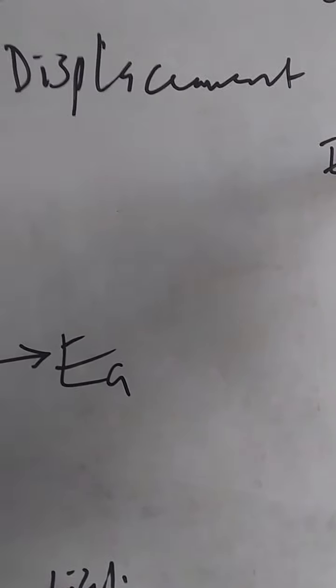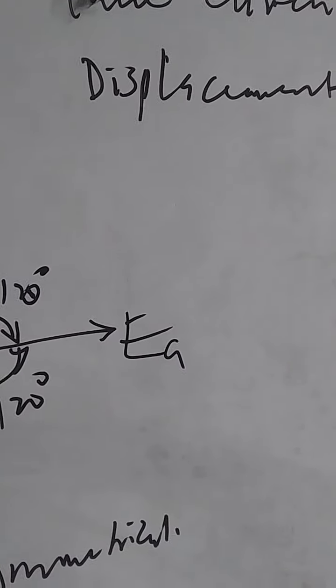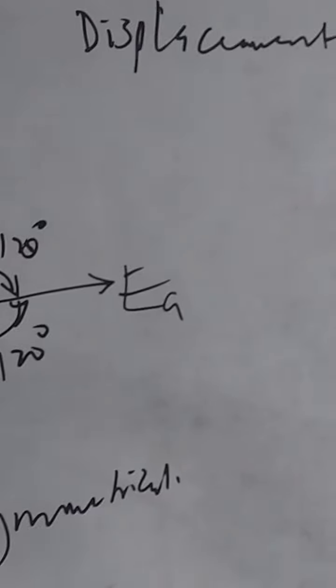You can see that the displacements are different. They don't have equal displacement. And the magnitude also can be different. That represents an unsymmetrical source.